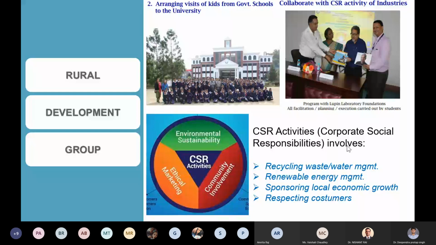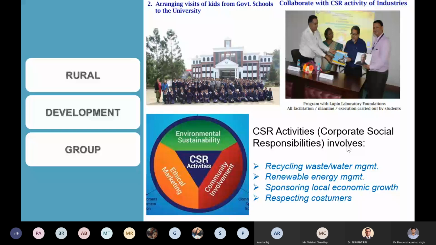They create an NGO which helps the villagers, with development, skill development programs, and creating employment among the villagers. They adopt one or two villages, and we, the rural development group, help with these. So financially also we get help from these industries or corporate institutions.